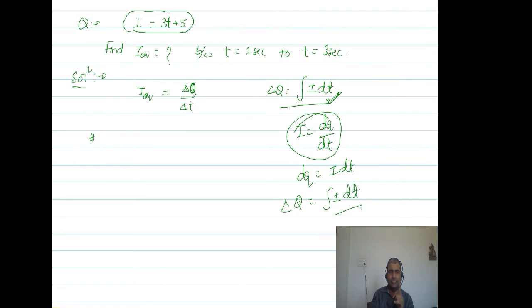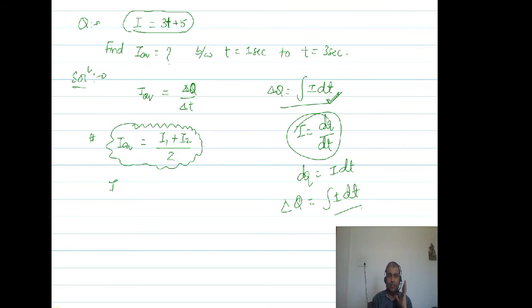Current is varying linearly. So in the case of linear variation, every time we can write average value as (I1 plus I2) by 2. So you are allowed to use this average formula only in the case when current varies linearly with time. This is very important thing.